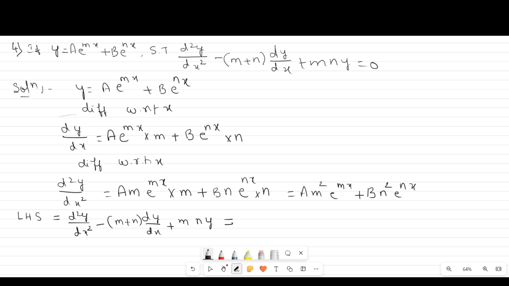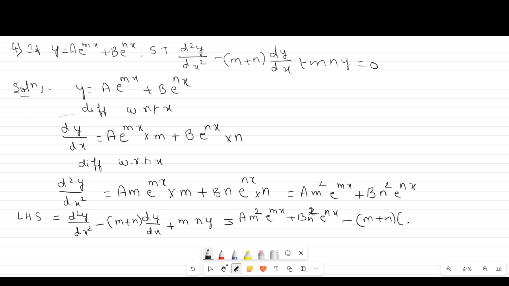So that can also be written as, let me substitute the d square y by dx square. So what we will get? a m square e power mx plus b n square e power nx. This is the second order derivative, minus (m plus n), m plus n as it is, I will write down, into dy by dx.